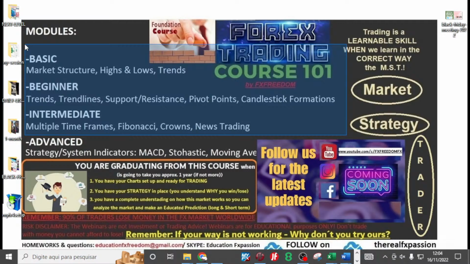So on Forex Trading Week Day 2, you should know how to determine, define and interpret multiple time frames, Fibonacci if you want, crowns if you want, and news trading if you want. Make sense, everybody? First come, first served. Type in the chat if you want to check a particular currency pair. If not, we are going to go with AUD CAD.